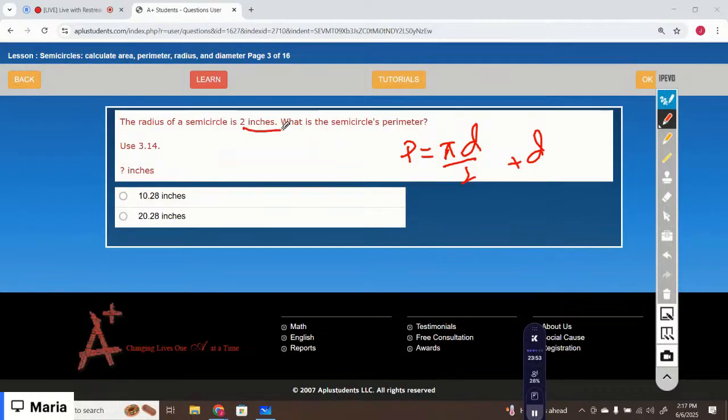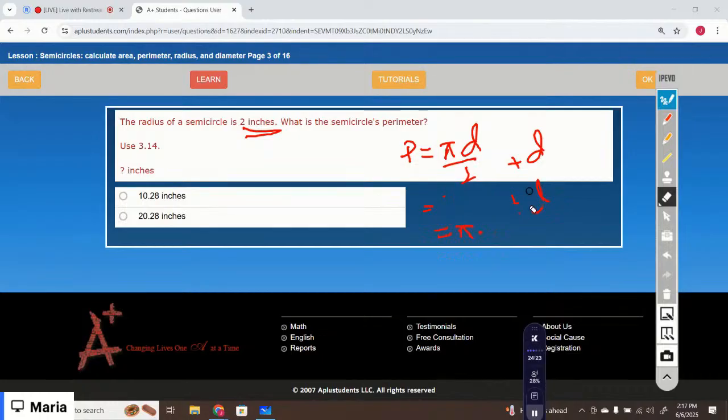The radius is 2 inches, because radius equals diameter divided by 2.